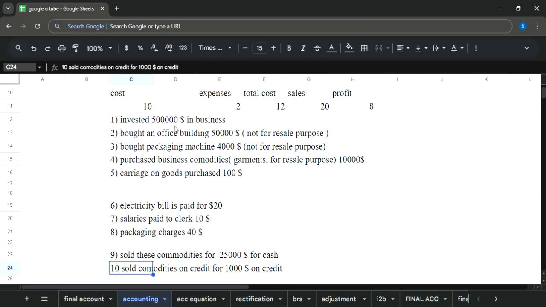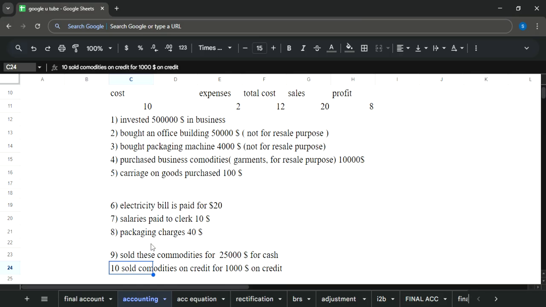where we have invested some amount, assets were purchased, business commodities were purchased, some expenses you have made, and now you have sold these commodities. So this is a very simple scenario of a trader who buys commodities on one side, then processes them or changes the packaging, and after adding some value, sells these commodities to someone else and gets profit.